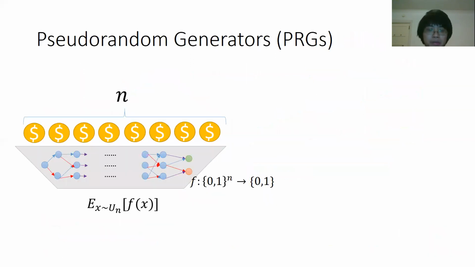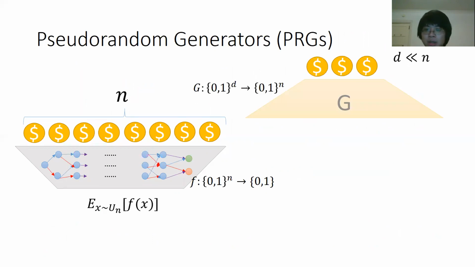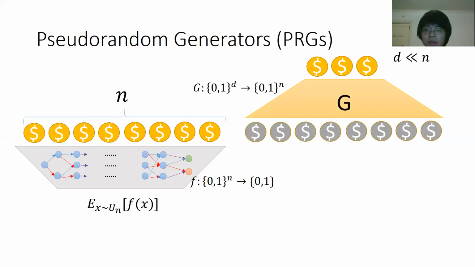A natural way to approximate this expectation is via pseudorandom generators. A pseudorandom generator takes d bits of random coins and extends them to n bits of fake coins.